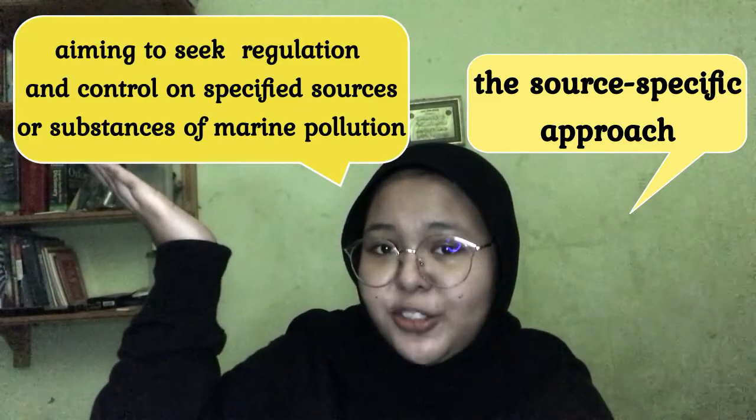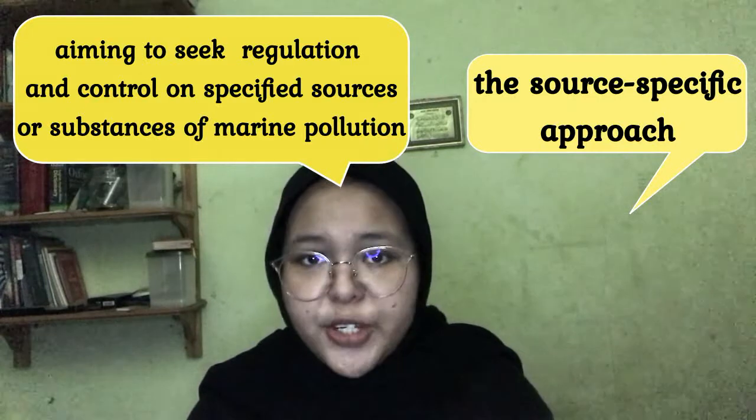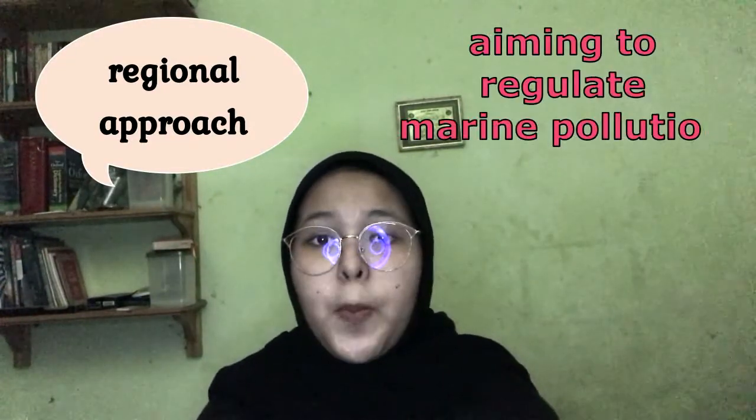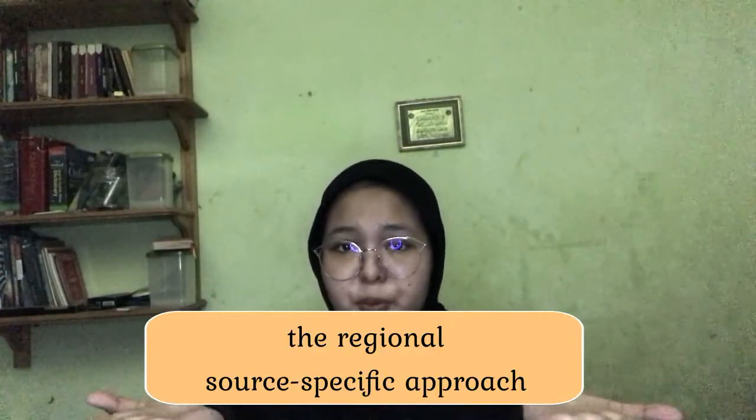First, the source-specific approach, which aimed to seek regulation and control on specified sources or substances of marine pollution, which most of the global conventions adopted. An example is MARPOL. Second, the regional approach, which aimed to regulate marine pollution in a particular region. Third, the regional source-specific approach, which combined both earlier approaches.